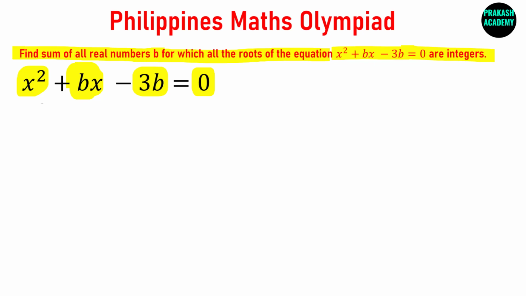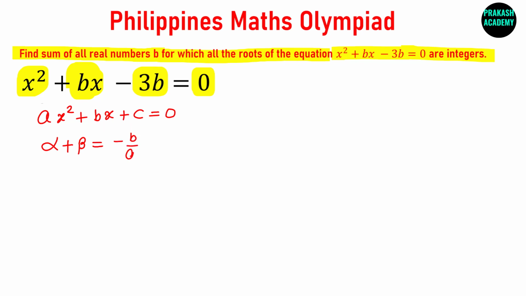So let us see how we can do this problem. If you remember, this is a quadratic equation. In general, a quadratic equation can be expressed as ax square plus bx plus c is equal to 0. Now, if alpha and beta are the roots of this quadratic equation, then the sum of roots, that is alpha plus beta, is equal to minus b by a.